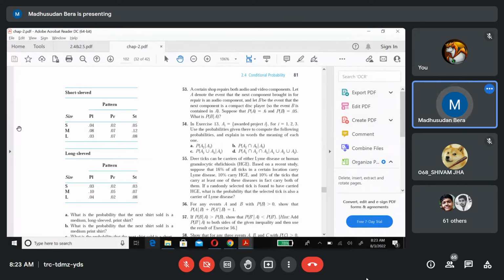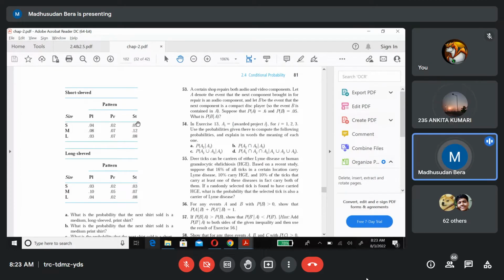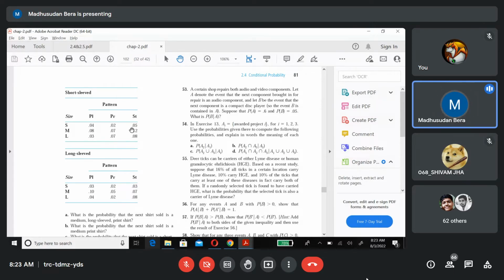So the short sleeve probability will be the sum of all these probabilities, because size and pattern are not mentioned: 0.04, 0.02, 0.05, 0.08, 0.07 plus 0.12, 0.03, 0.07, 0.08.